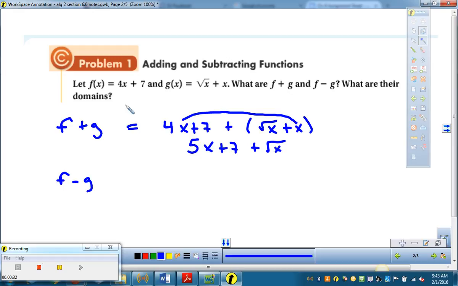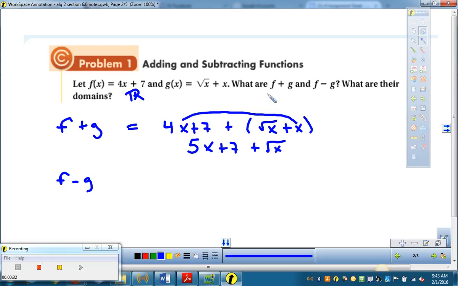Okay, so now we need to look at the domain, and everybody forgets what domain means. Domain means what are the acceptable x values that work in this function. So 4x plus 7, if I graph that, what is it? It is a line. Are there any restrictions on the x values we can plug into a line? None. So for 4x plus 7, the domain is all real.